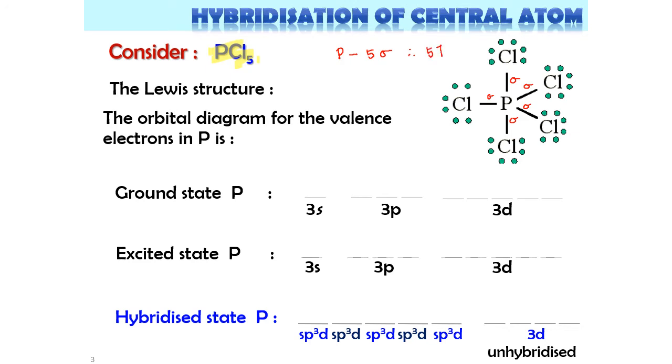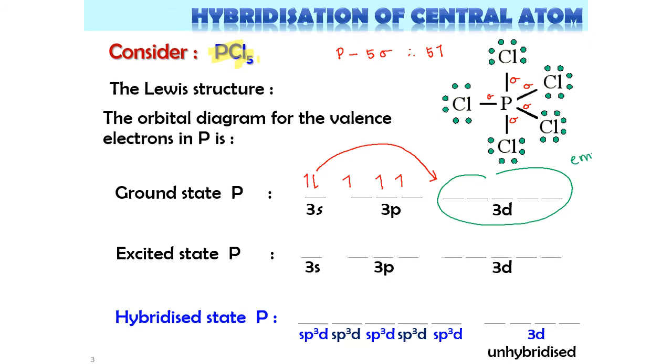But for the ground state of phosphorus, you will just have 5 valence electrons. But you can see this electron here is in a pairing of electrons. Therefore, since you don't have any lone pair there, one of the electrons will be excited into this empty d orbital.